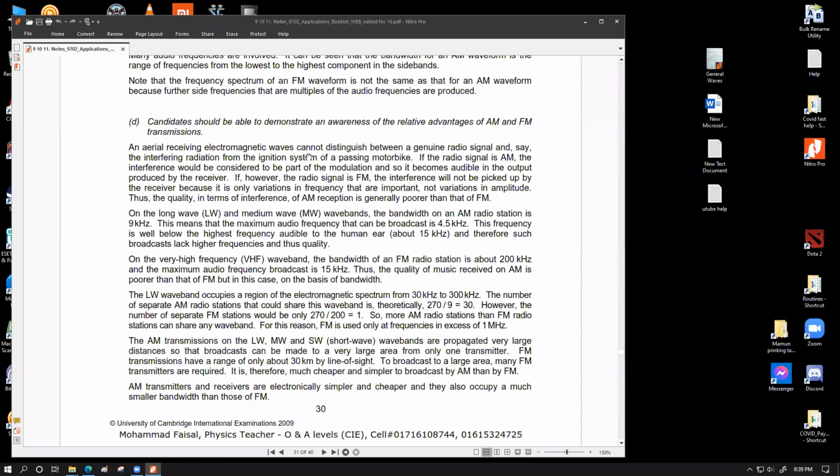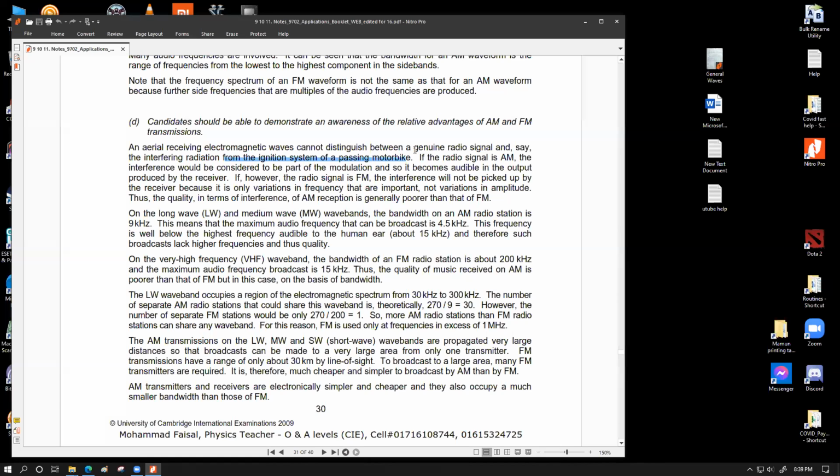A real receiver of electromagnetic waves cannot distinguish between a genuine radio signal and, say, the interfering radiation from the ignition system of a passing motorbike. The reason they picked this exact example, the interfering radiation from the ignition system of a passing motorbike, is that the frequency of this sound can be within the same range or exactly the same as a certain value of a radio signal.